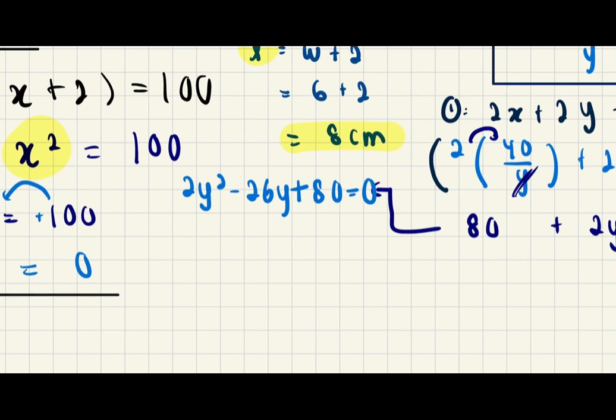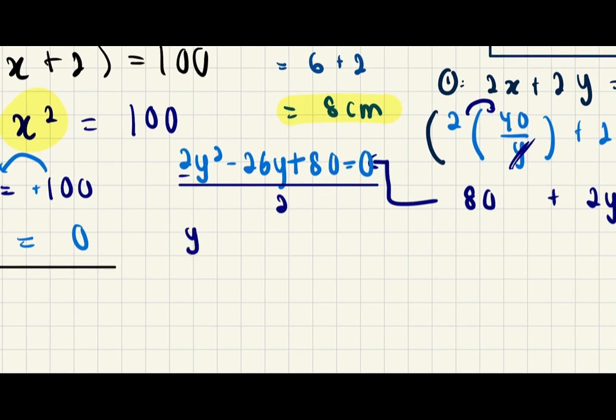We don't want anything in front of the squared, so we divide the entire thing by 2: y squared minus 13y plus 40 equals 0.